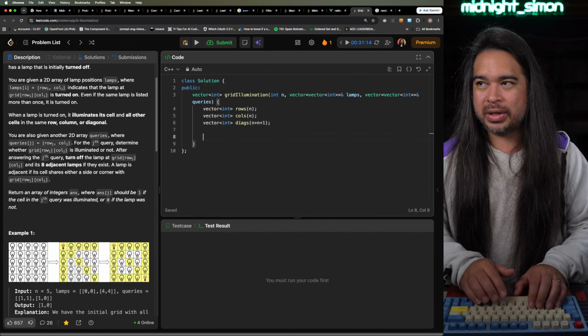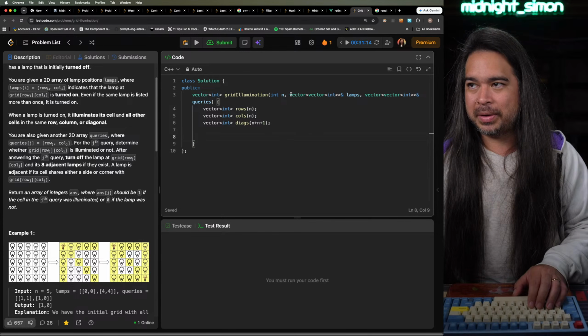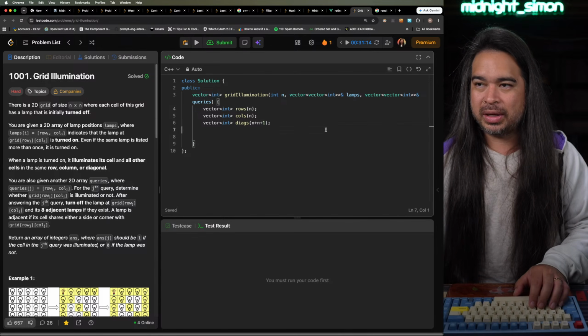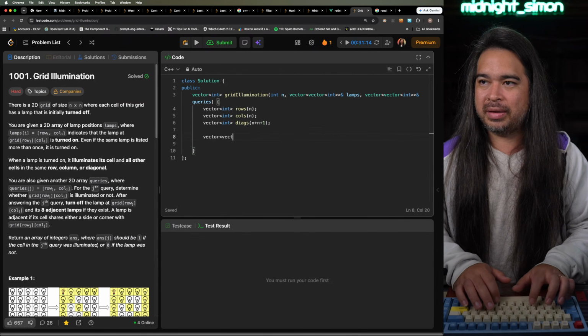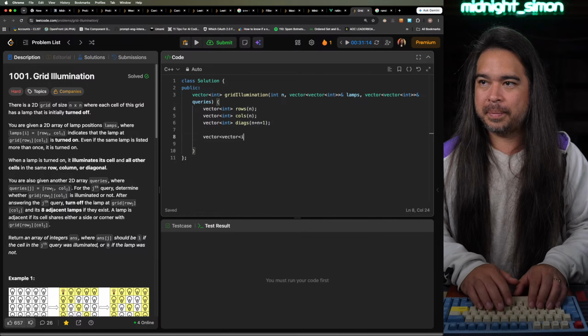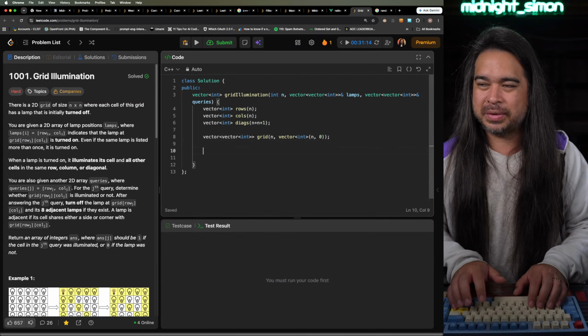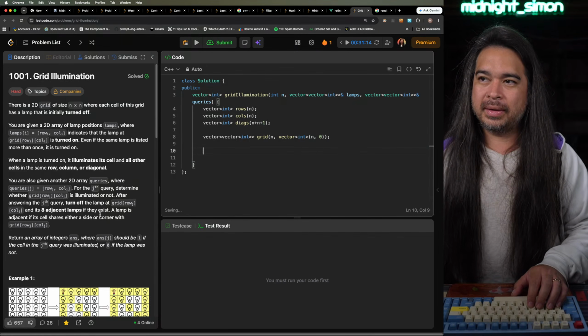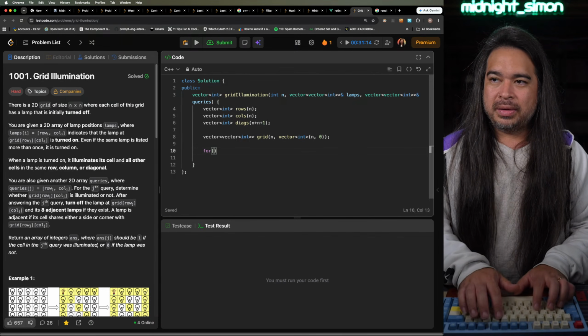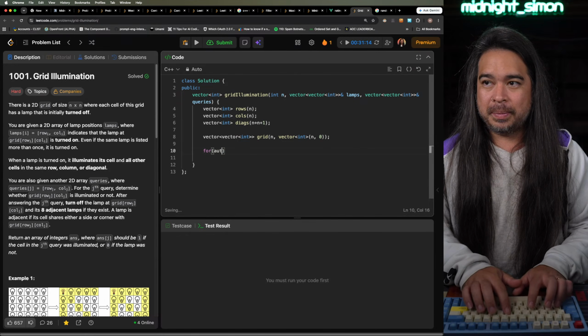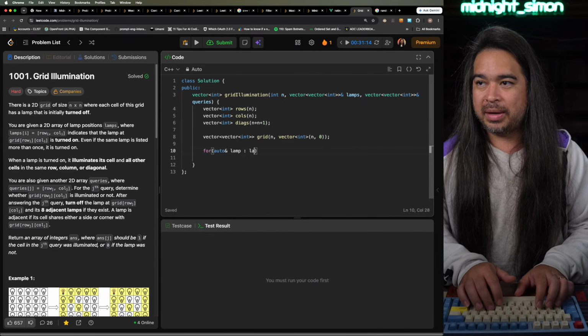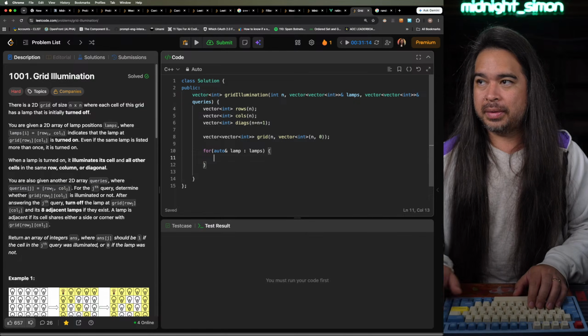Anyways, what are we trying to do? We're trying to say, alright, these are our lamps that are turned on. So should I actually make my grid of size n by n, and I'll fill it with zeros. And then they say each lamp is turned on.